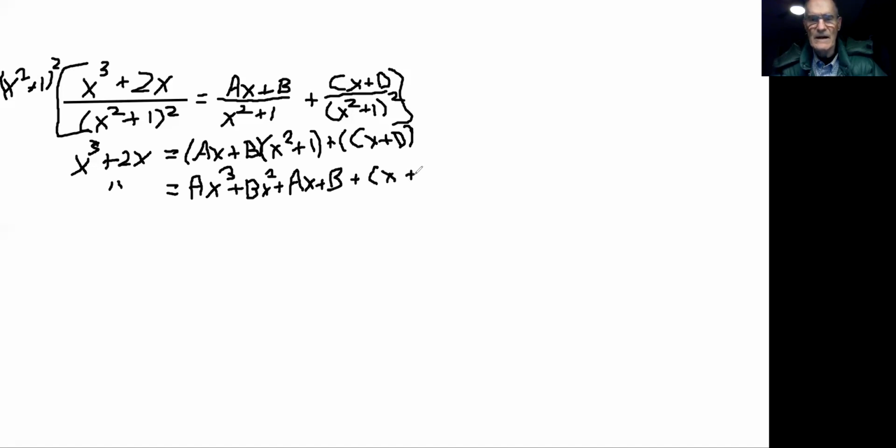Now what I have to do is put all of my terms together. I can bring down my x cubed, which has a coefficient of 1, and my plus 2x, equals, now I only have one x cubed term, ax cubed, and then I have one x squared term, bx squared, but then I have two x terms.